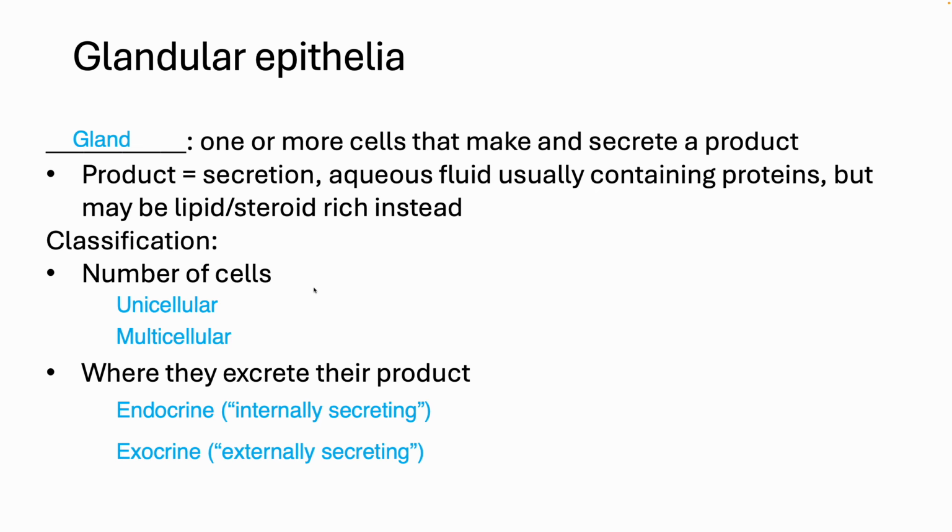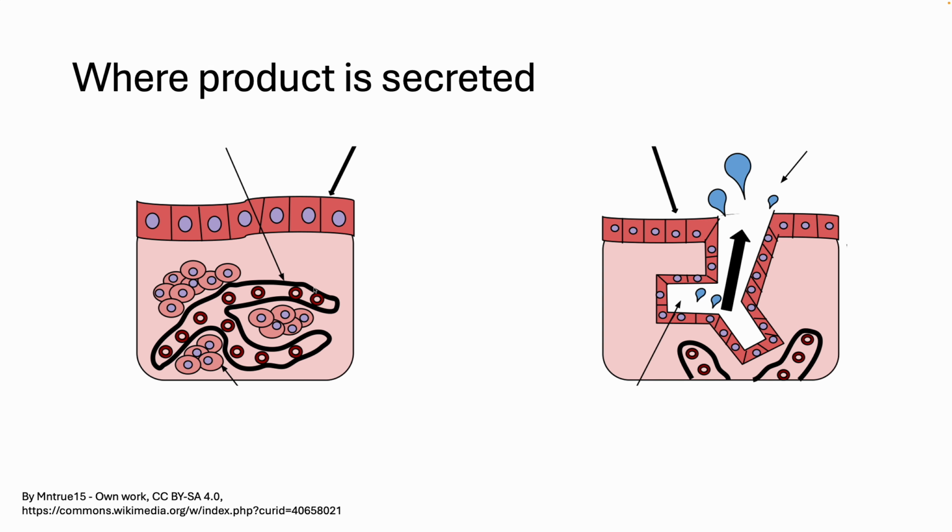Multicellular glands usually form by the invagination of an epithelial sheet into the underlying connective tissues. Most of the multicellular glands will have ducts, which are tube-like connections to those epithelial sheets. Again, this is where we are looking at the type.